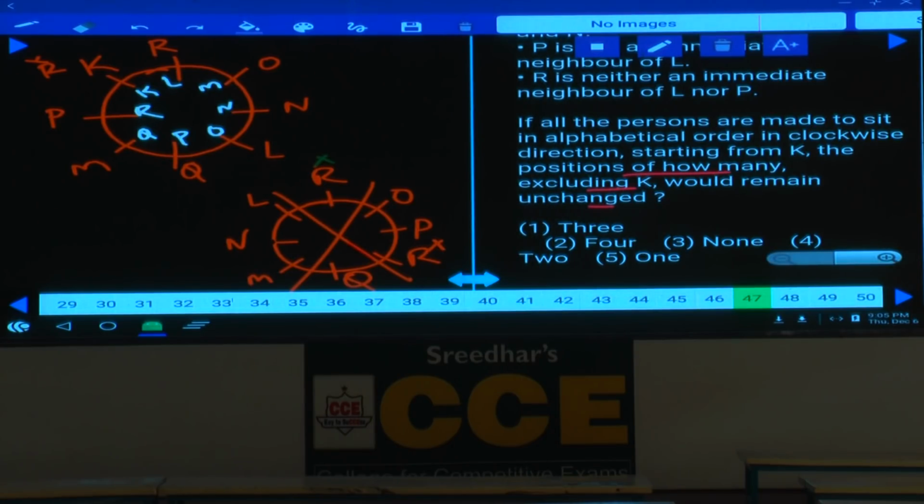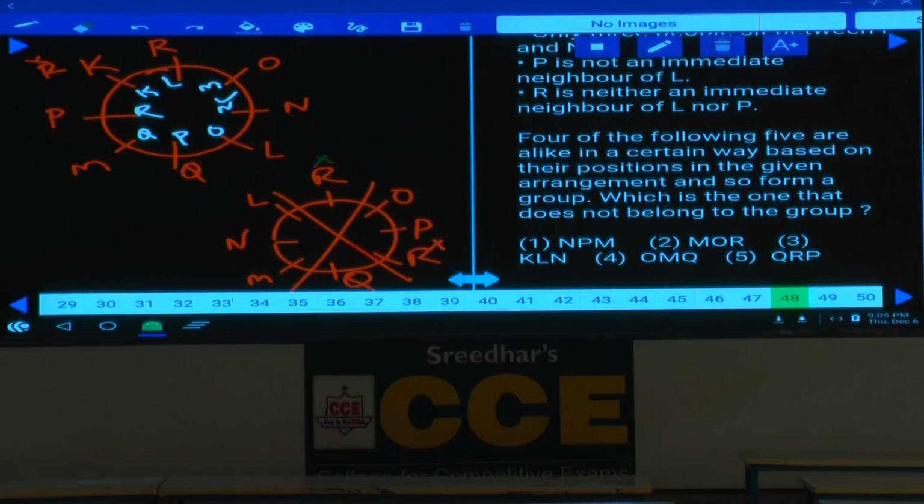Same positions excluding K. L, M, N is matching here, O, P, Q, R, and none of them is matching. Hence what is your answer here? Only one person's position will be remained as it is. Starting from K in the clockwise direction, excluding K. That is clearly given.